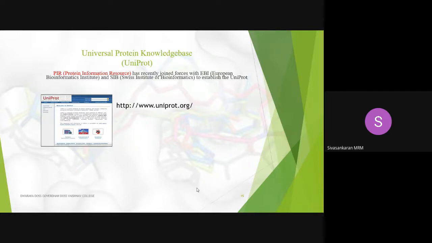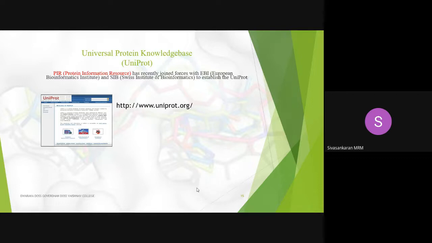Here we just came to know about different databases in the previous slide. A database is where we get the three-dimensional structure of a particular protein or a protein of interest. So we need to go in search of that. We use a database called UniProt, the Universal Protein Knowledge Database, in which the Protein Information Resource, PIR, recently joined with the EBI, European Bioinformatics Institute, and SIB, Swiss Institute of Bioinformatics, to establish UniProt.